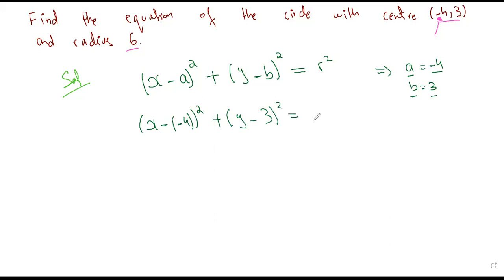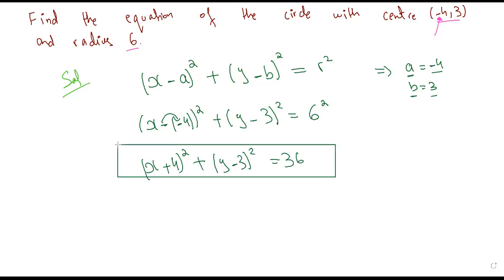What is r? r is 6. So 6 squared, and then x minus -4 would be x plus 4, whole squared, plus (y minus 3) whole squared equals 36. So this would be the equation of our circle with center -4 and 3 and radius 6.